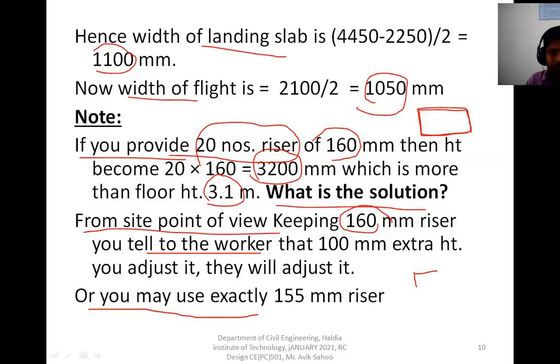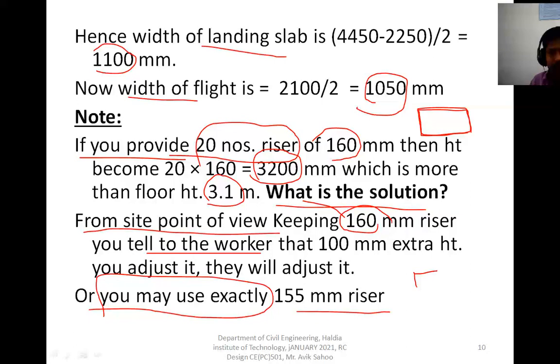Or you may use exactly 150. So this is from the site point of view, from the field. You always provide 160 in a round dimension; the height should be round, not fractional, and 163 you cannot use.